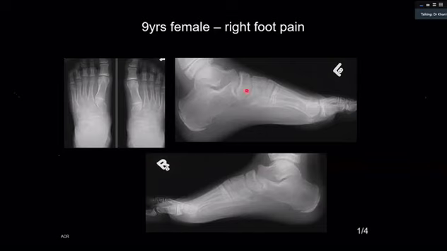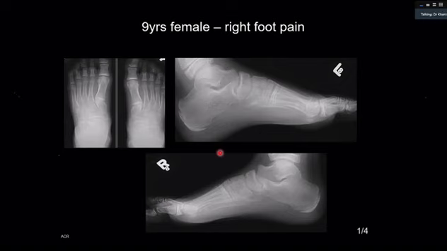Let me elaborate for the audience. If you see here, this is the talus and this is the navicular, and this is the talus and this is the navicular, and this has been picked up here. Something is there, we call it talar beaking. Now, your inference, candidate 16, is that there is some sort of congenital abnormality. What kind of congenital abnormality?